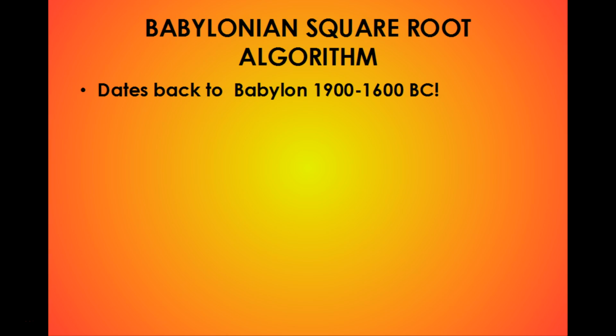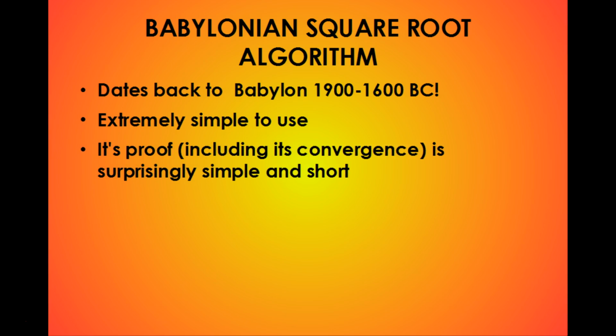It's about 4,000 years old and still in use today on most calculators and computers. It's extremely simple to use and its proof is surprisingly simple and short. And it's got a couple of bonus features which will be covered at the very end of the presentation.